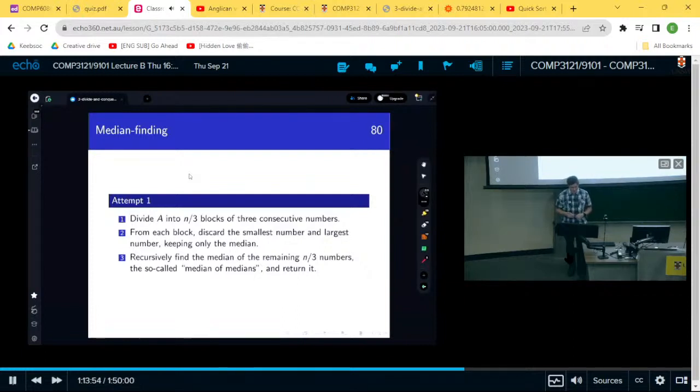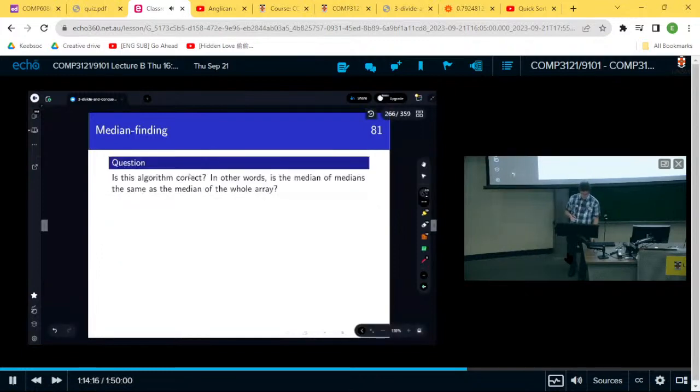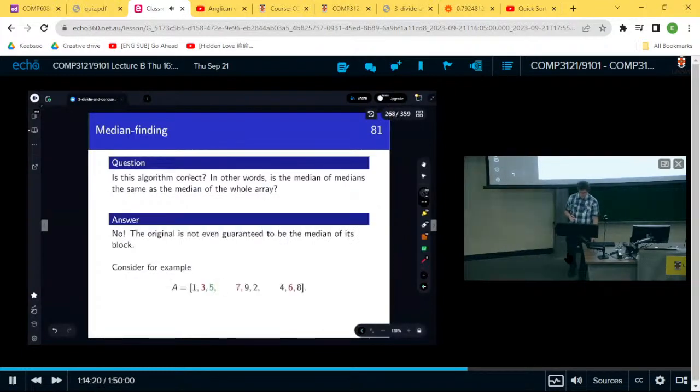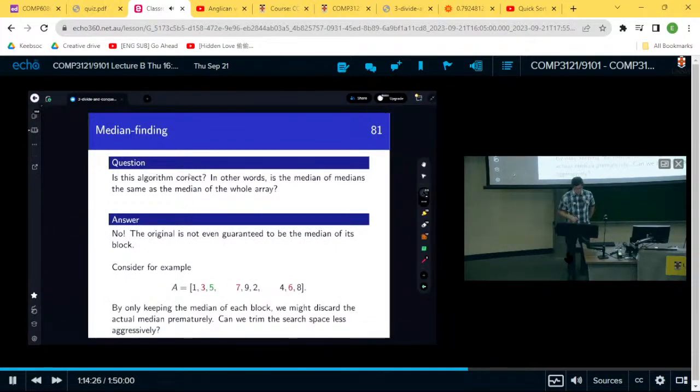Is this algorithm actually correct? I think we could have actually discarded the actual median of our array by doing this, right? Because we are not guaranteed that the median of the whole array is the median of one of these blocks of size 3. So in this example, we have 3 blocks of size 3.